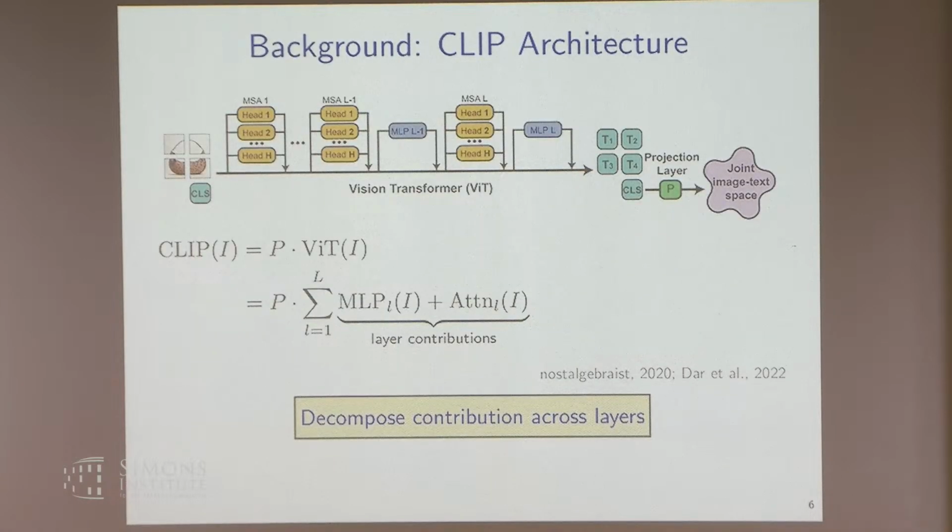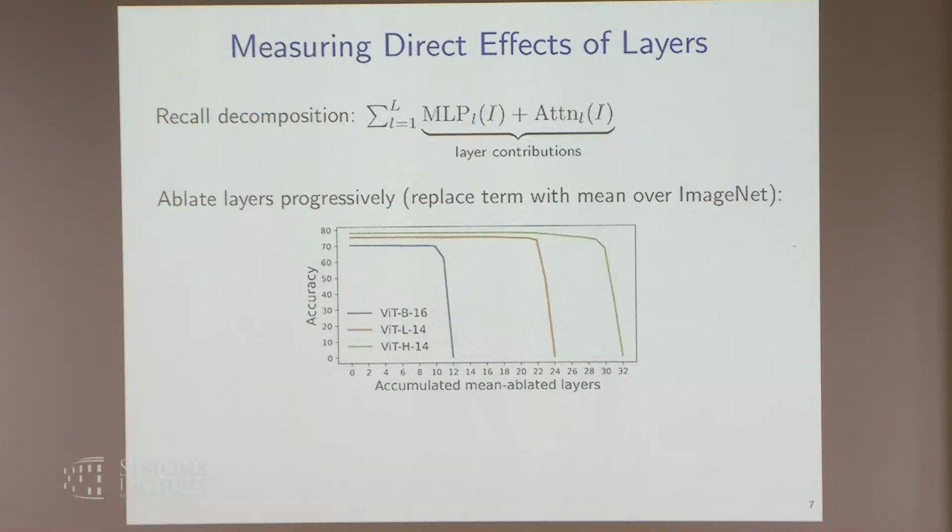Great. So this is a mathematical claim. Now let me make an empirical claim, which is that in this sum, only this term matters. The output of the MLP does not matter. This isn't saying the MLPs don't matter. It's just saying the only way in which the MLPs matter is the way that they indirectly affect the attention heads.